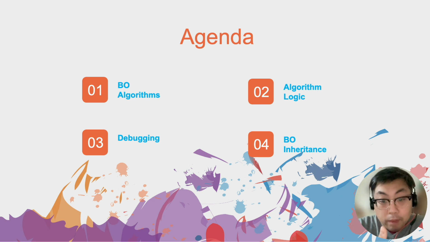Third, how do we debug if there is any issues or any information we want to know, the variables, for example, at a certain stage at runtime. We can use debugging to find out quickly. And number four will be the business object inheritance.